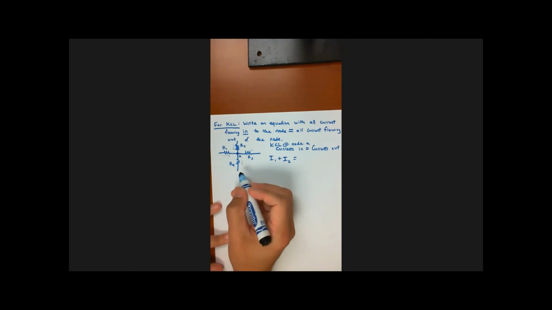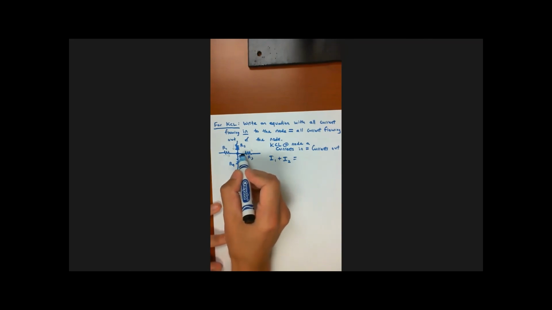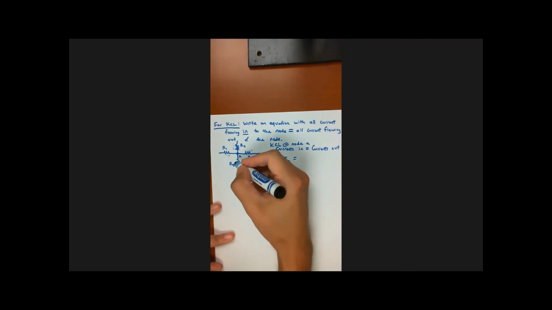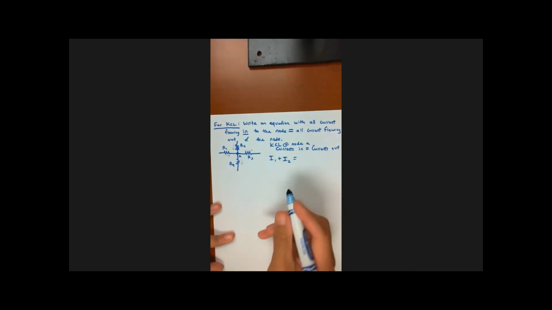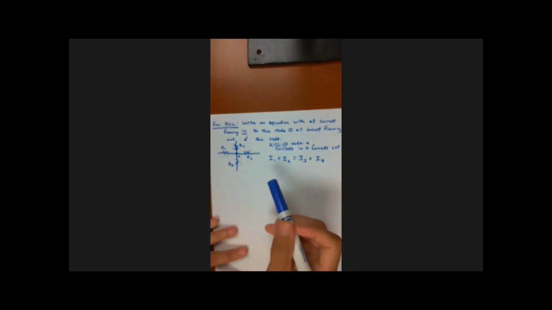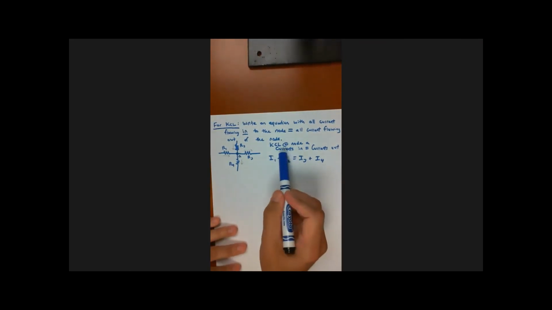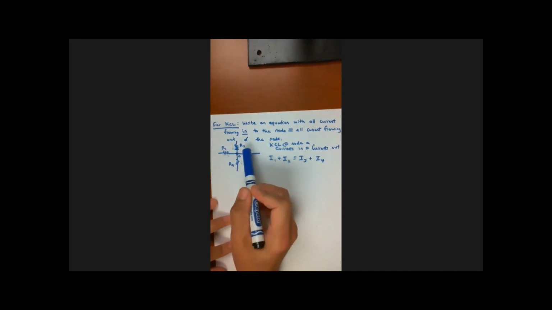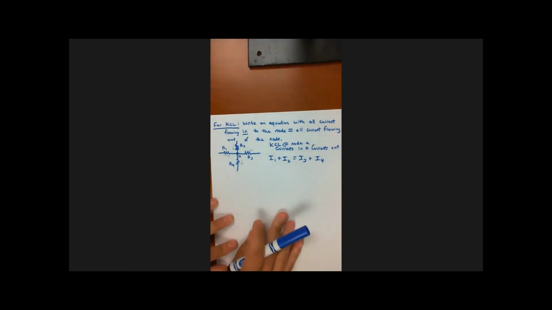What's coming out of node A? It looks like I3 is coming out of node A, and I4 is coming out of node A. So I write I3 plus I4. And once again, the reason I'd be writing this equation is because one and only one of these would be unknown. It only does you any good if one of these is unknown.